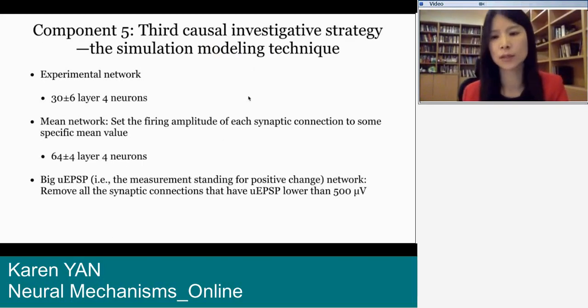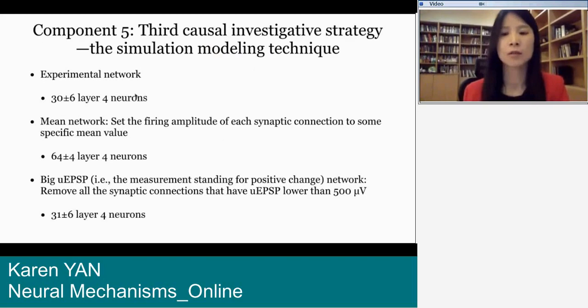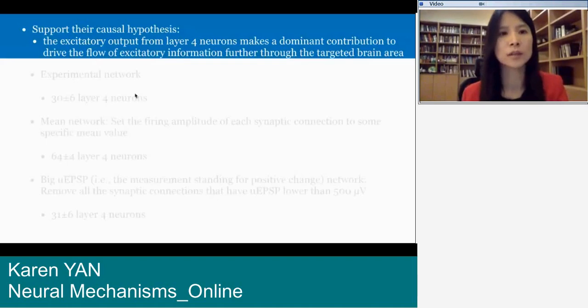You need 64. And for the big UEPSP, you need roughly the same, 31, as the experimental network. So based on this result, they conclude that this set of evidence supports their causal hypothesis that layer 4 neurons providing strong excitatory output to other neurons is a dominant contribution to drive the flow of excitatory information through the targeted brain area.